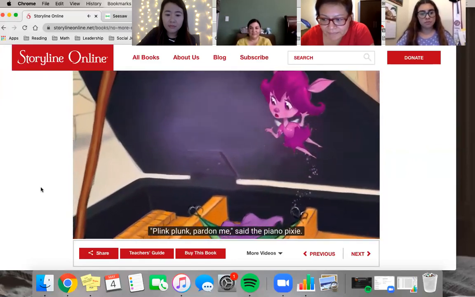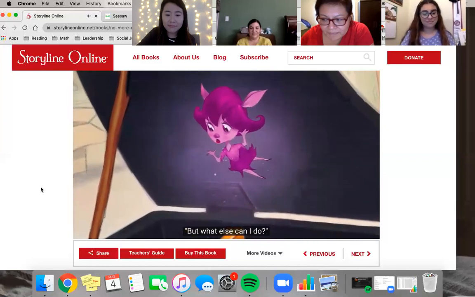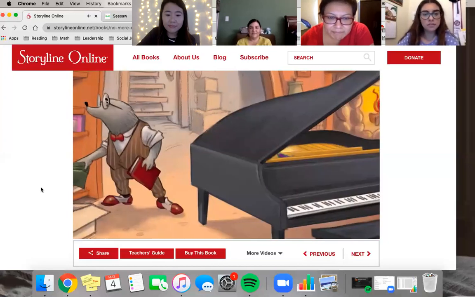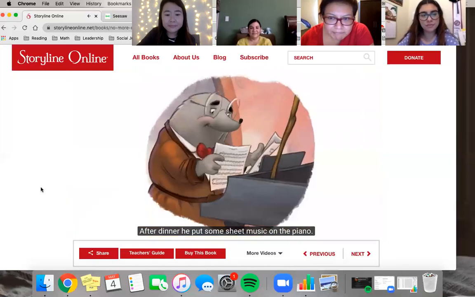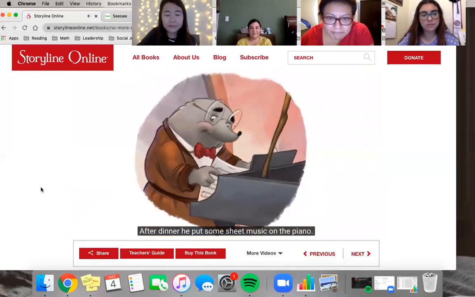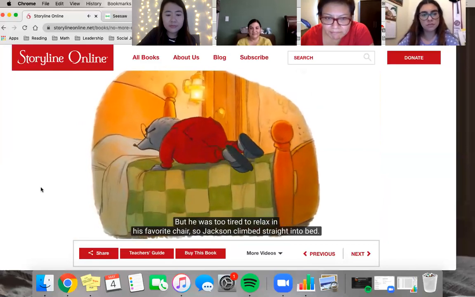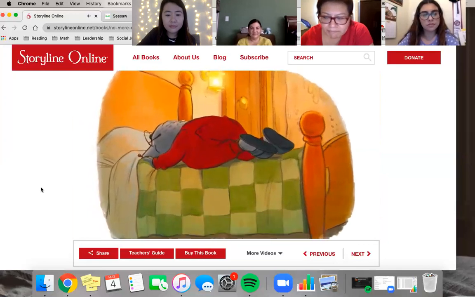Plink-plunk, pardon me, said the piano pixie. But what else can I do? Let me think about that, said Jackson. Jackson thought about it all day while he unpacked. After dinner, he put some sheet music on the piano. But he was too tired to relax in his favorite chair, so Jackson climbed straight into bed.